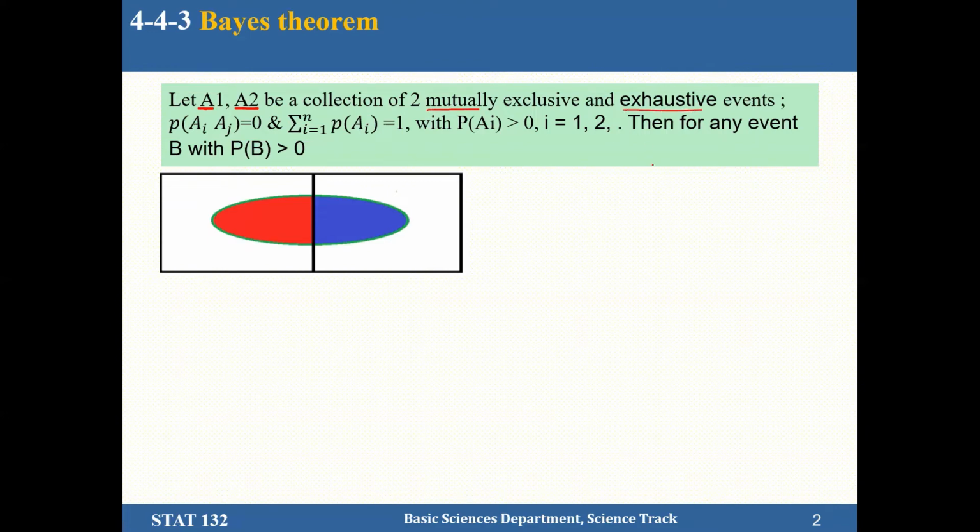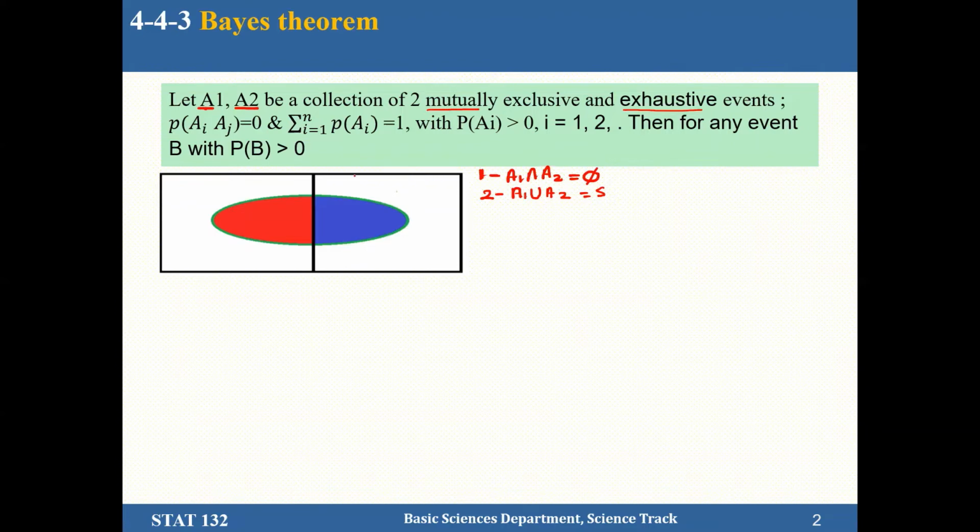First, A1 intersection A2 should be empty, mutually exclusive or disjoint events. Also, these two events should be exhaustive, meaning A1 union A2 equals S, so our sample space consists only of the two events A1 and A2.